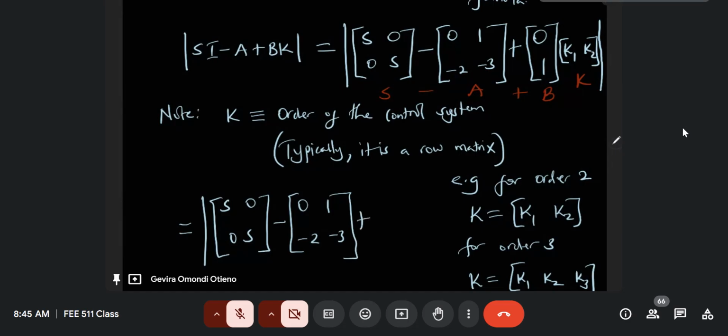Plus, now typically, you have a 2 by 1 multiplied by a 1 by 2, the row matrix. So you must get a 2 by 2 matrix. If you solve that, you should have 0, 0 in the upper part, and in the lower part K1, K2. So you should have a 2 by 2 matrix, and then you get the determinant.